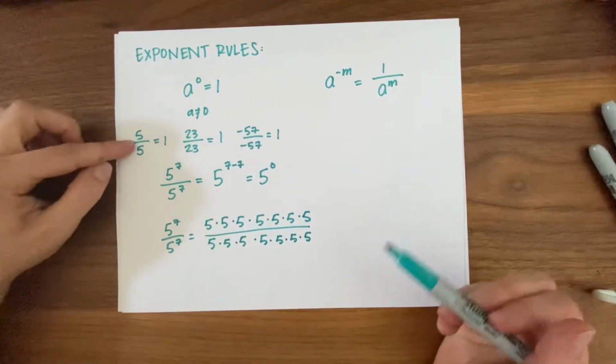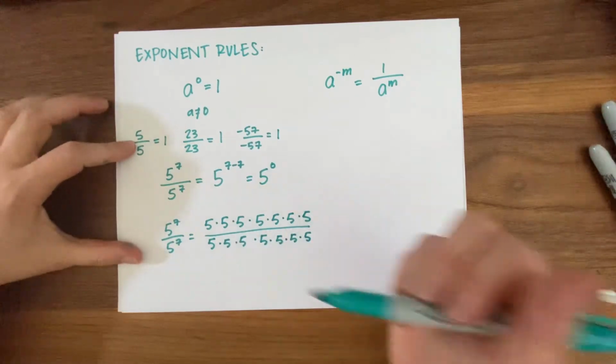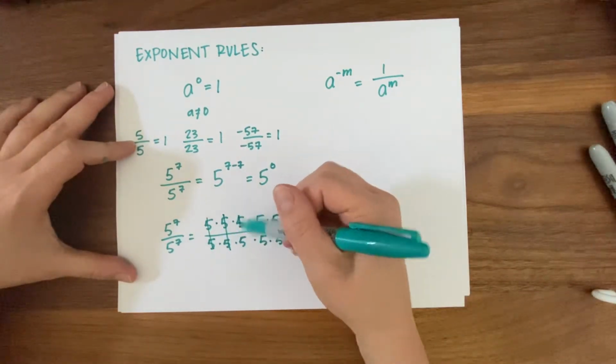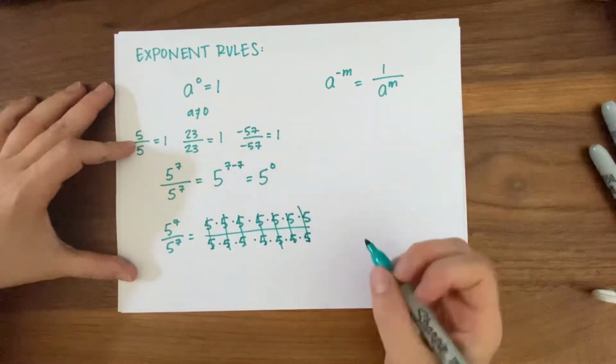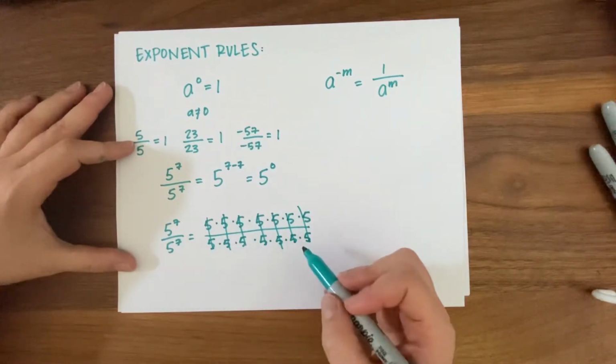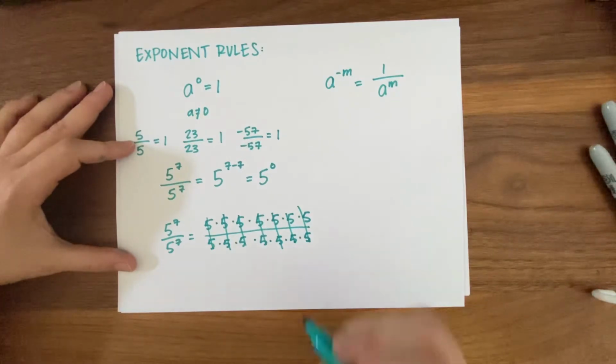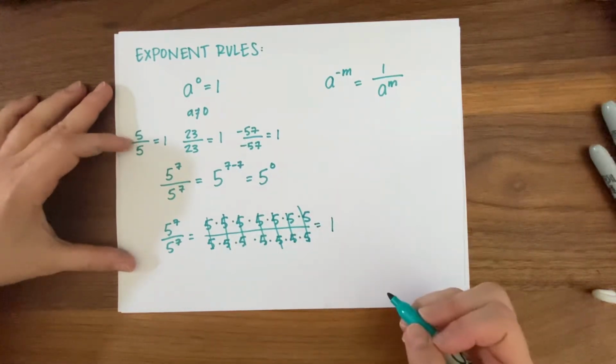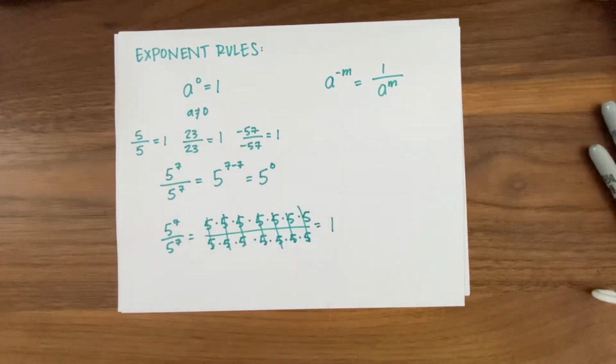And if we said that 5 over 5 is 1, then these are going to cancel out. And essentially what we get is 1 times 1 times 1 times 1 times 1 times 1 times 1, which is 1.